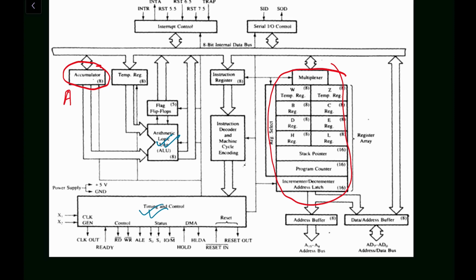It serves as one of the inputs to the ALU. You can see here the ALU has two inputs. One is from the temporary register and another is the accumulator. So one of the operands will be stored in this accumulator during the operation.